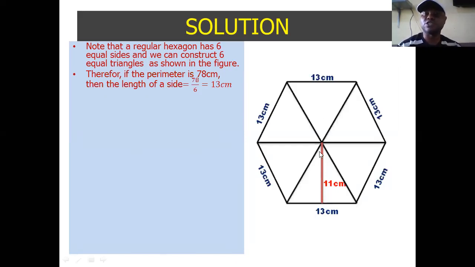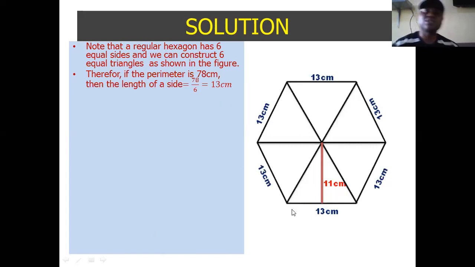Here is the shape of the regular hexagon, so each side is 13 centimeters. If you add 13 six times, you have 78, which is the perimeter.